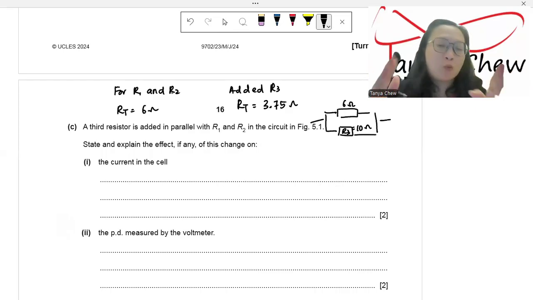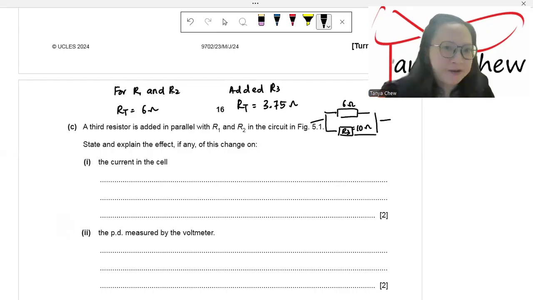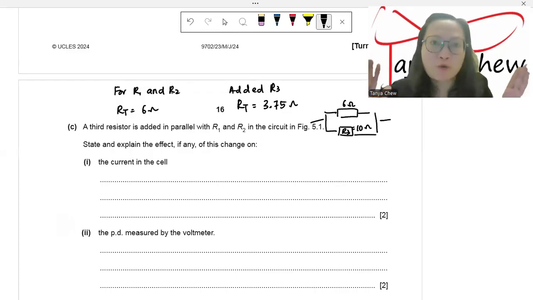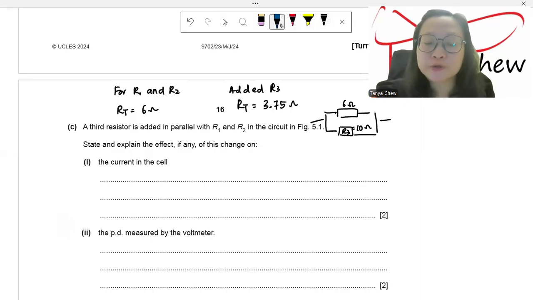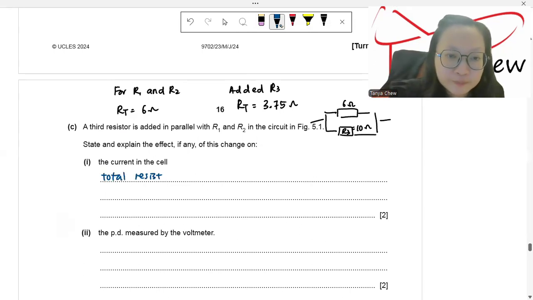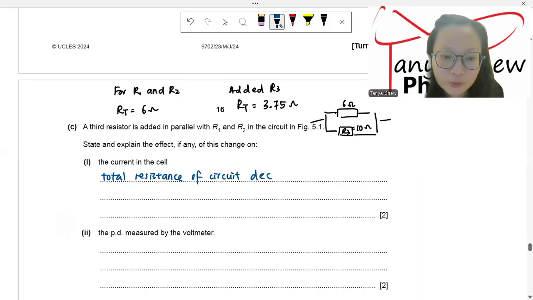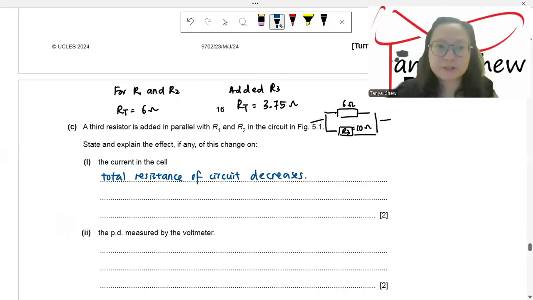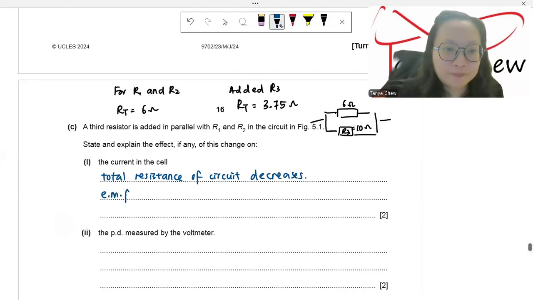When the total resistance decreases, I didn't change the battery, so the EMF of the battery is still the same, constant. In this case, we can use Ohm's law. The current is inversely proportional to total resistance. So, total resistance of circuit decreases, but EMF is constant.